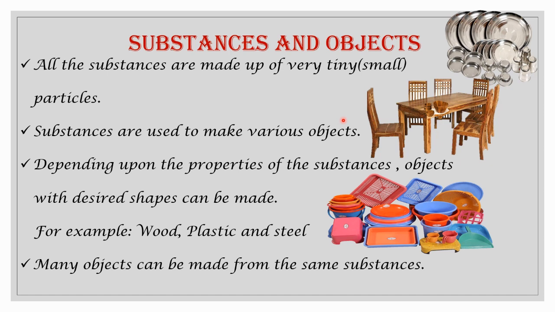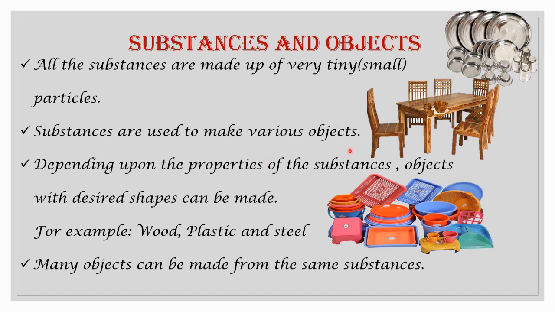We use wood, plastic or steel to make a table, chair or cupboard. These substances have the strength required to make these articles, and also these substances can be given a desired shape. It means that we consider the properties of substances to use them for making things.